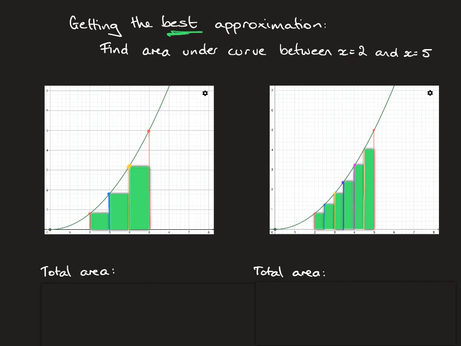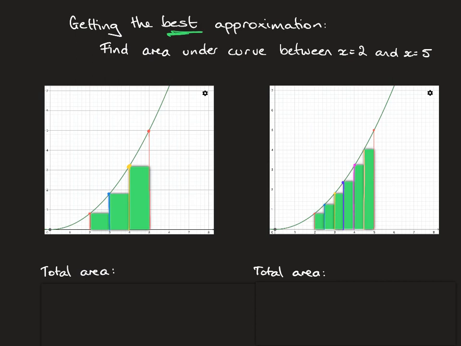On this side, I've used 3 rectangles to estimate the area under the curve, and that leaves this amount here. All of those sections are going to be underneath the area that we need. And on this second one on the right, I've used much smaller rectangles, and so I get a lot less area that I am missing.